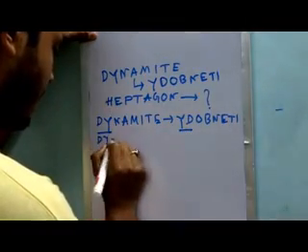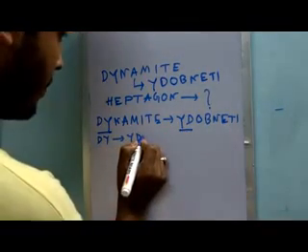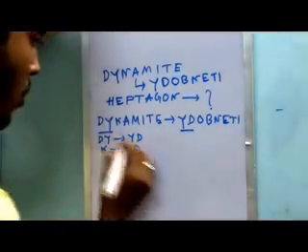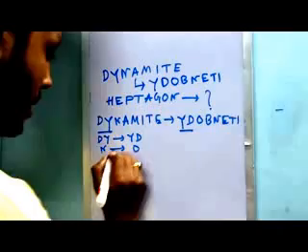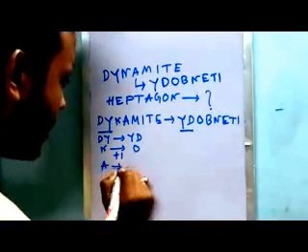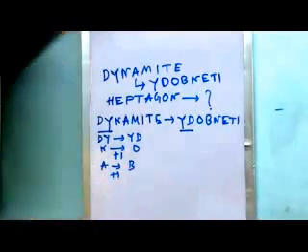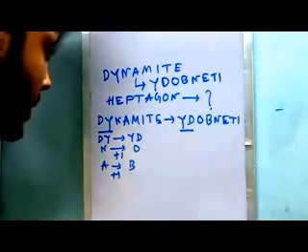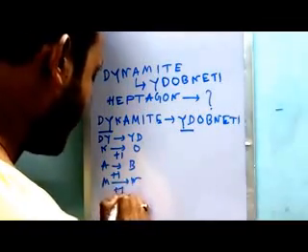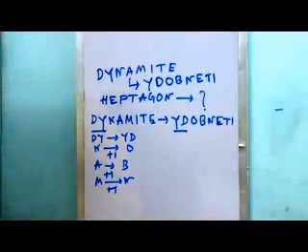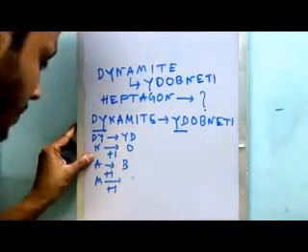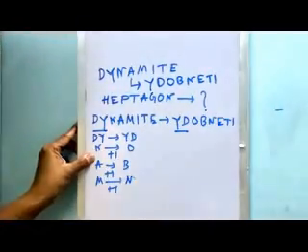So DY is put as YD. Now N to O, what is the relation between N and O? N plus 1 is O. A to B, A plus 1 is B. M to N, M plus 1 is N.